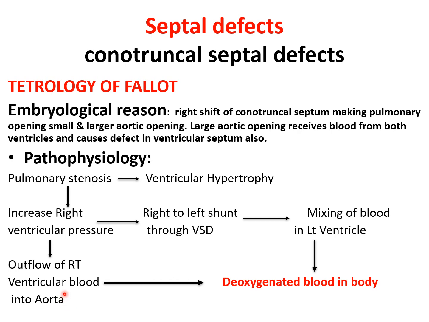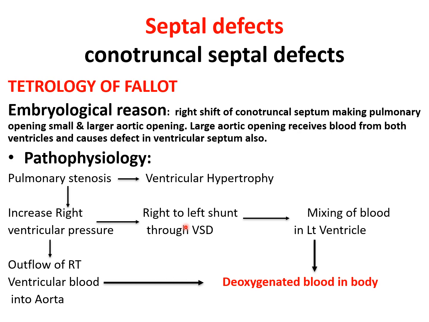That way, it will carry the deoxygenated blood from the right ventricle to the body. Now at the same time, there is a ventricular septal defect also, because the pressure inside the right ventricle is more, so the blood from the right side will be pushed to the left side.